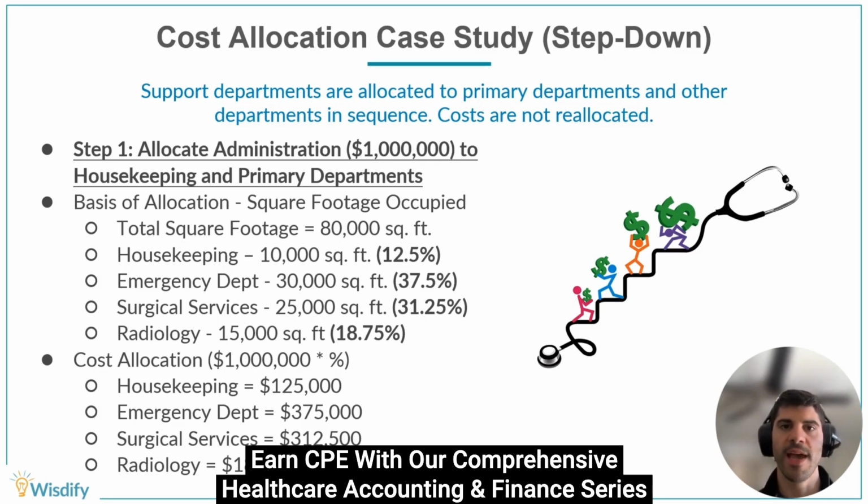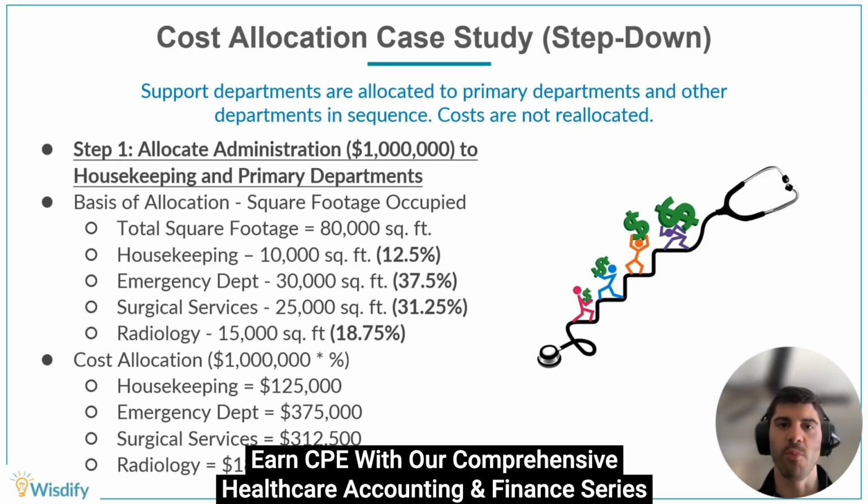We'll determine how much of the overall square footage each department accounts for, and you'll see that we actually calculated those figures for you, and we have them in the slide deck under that second area, kind of in the middle of your slide. The last portion of this problem is actually performing the cost allocation based on those figures that we calculated in the middle portion.